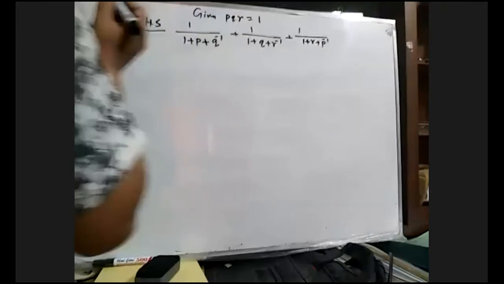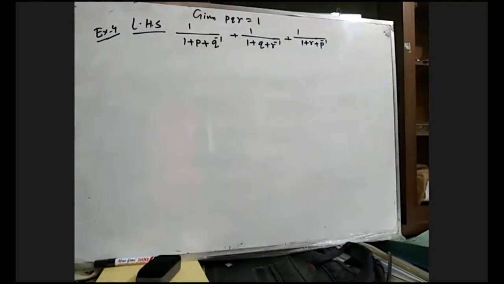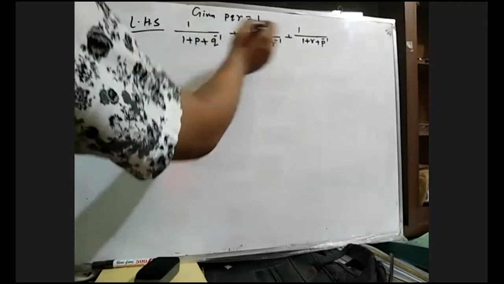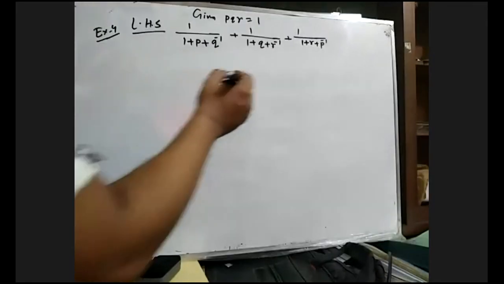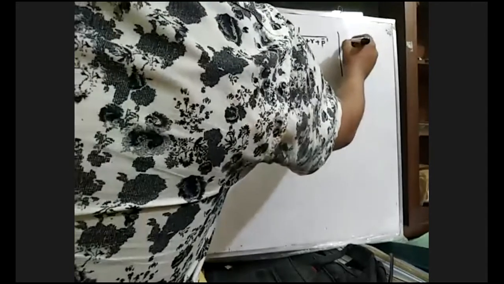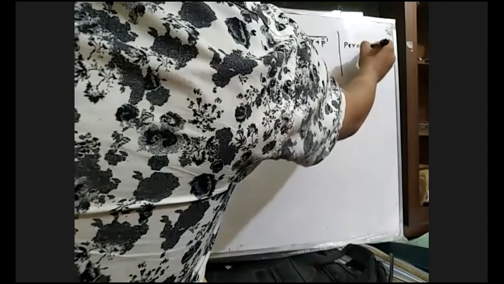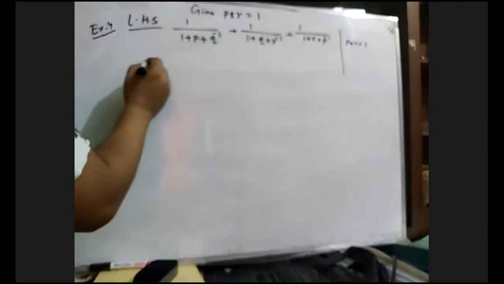We have to prove what? Equals 1. That means this is the left hand side. Since we are given pqr equals 1, we have to remember this.